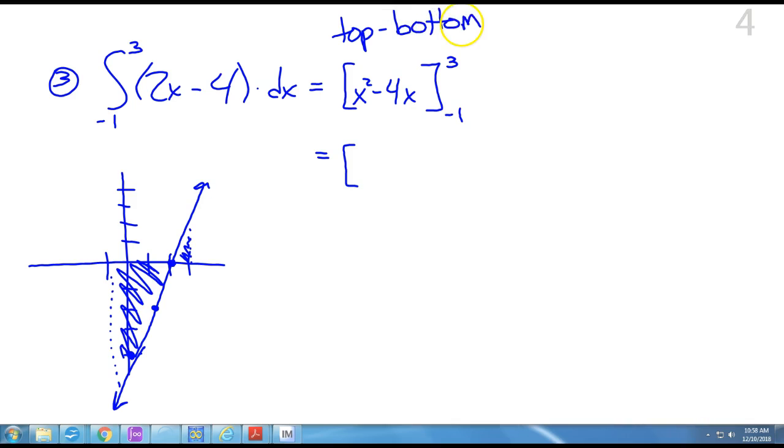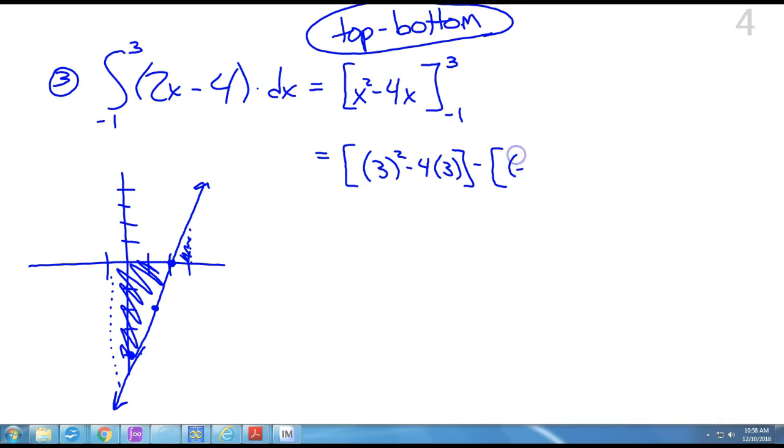Top minus bottom is a theme through the rest of the year. It's always top minus bottom. So I'm going to plug in 3 squared minus 4 times 3. This is where I definitely want to see you put that bracket there, because if you don't, you're going to mess up your subtraction. You with me? See what I'm doing?